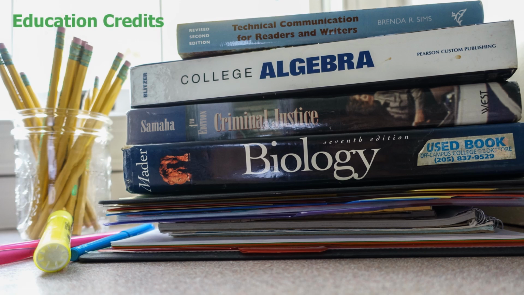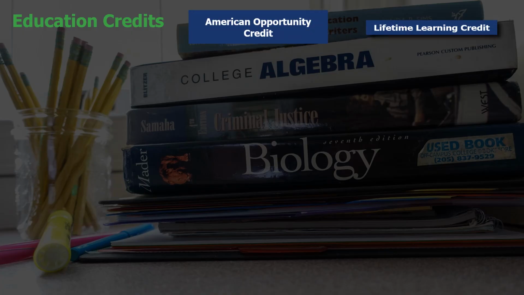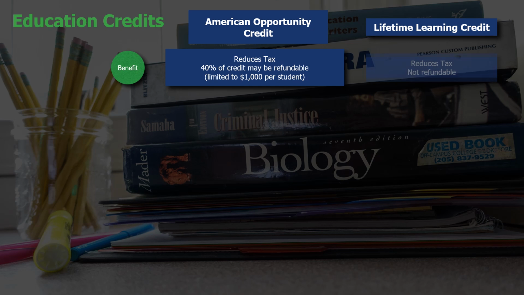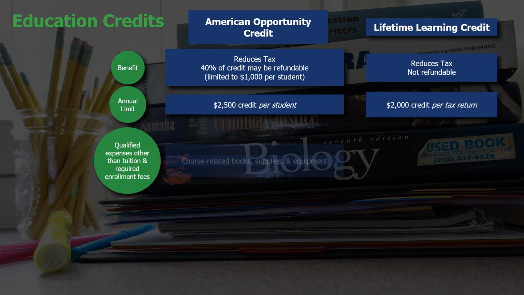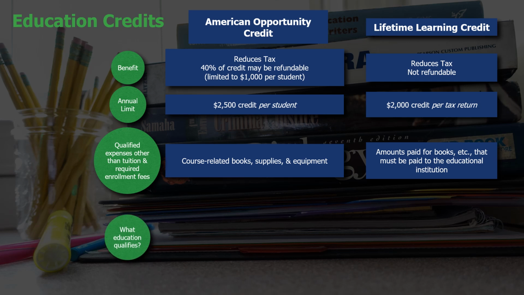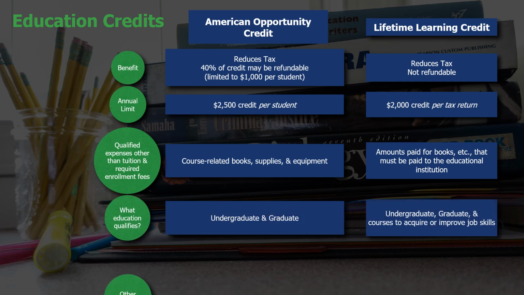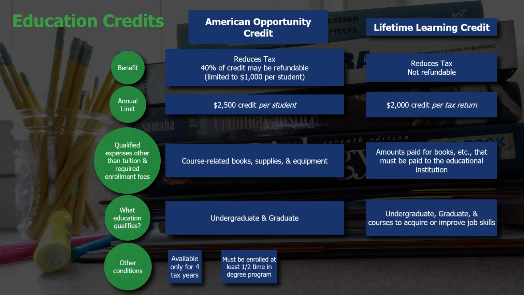There are two credits available to taxpayers to help with their educational expenses. Those are the American Opportunity Credit, which is partially refundable, and the Lifetime Learning Credit, which is entirely non-refundable.